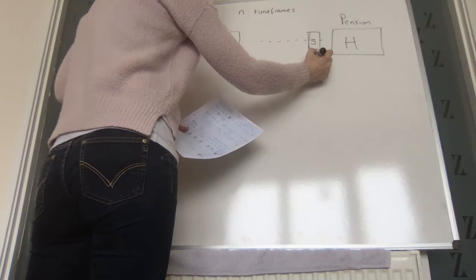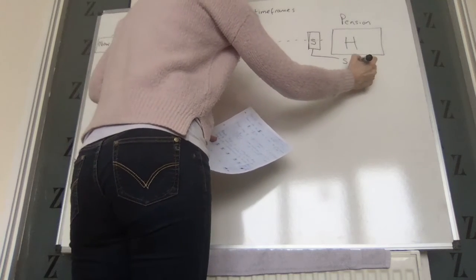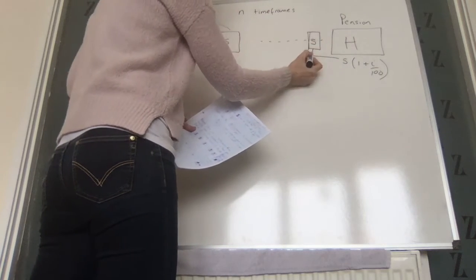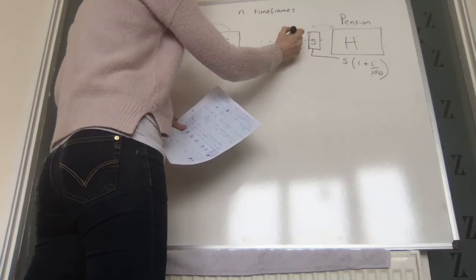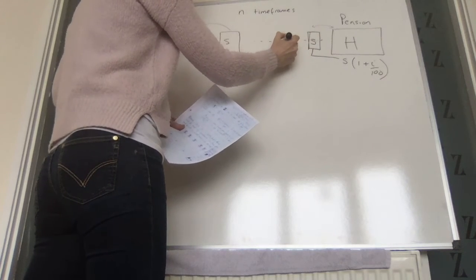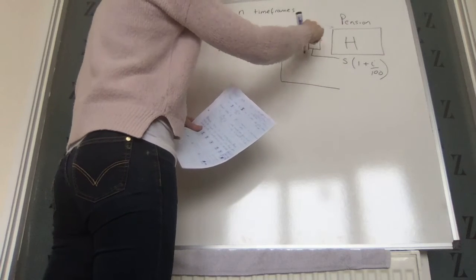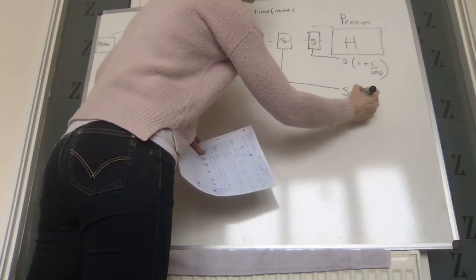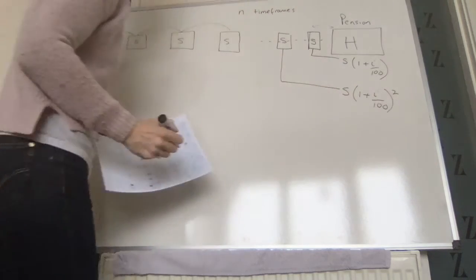Within one time frame, that S is going to be worth S times 1 plus the interest rate over 100, because it will have earned that time frame's interest. The S before that will have had interest added 2 times, so the value of that S will be S times 1 plus I over 100 to the power of 2.